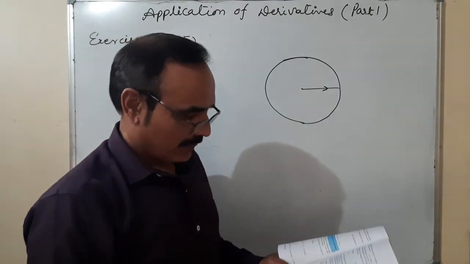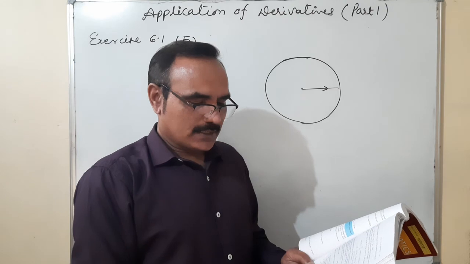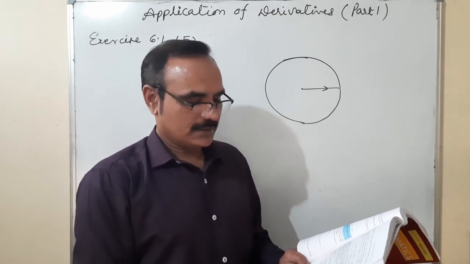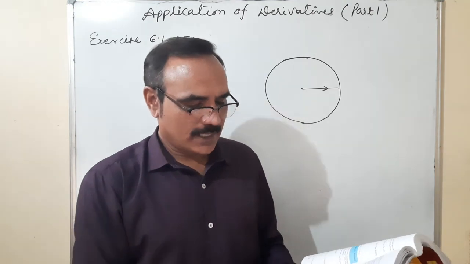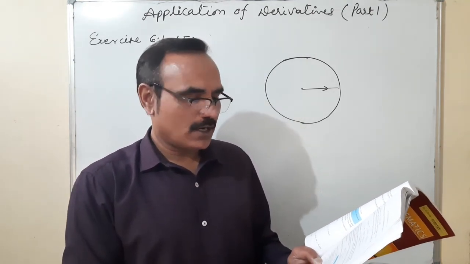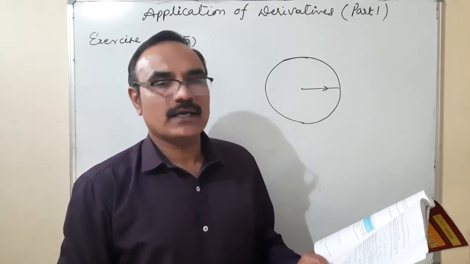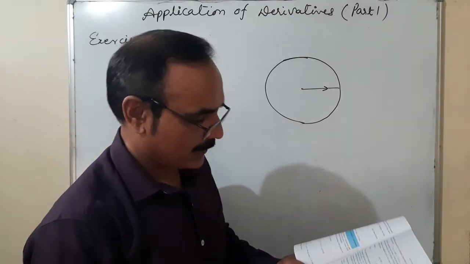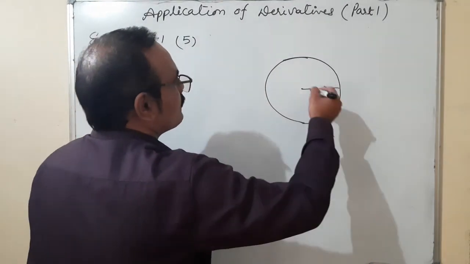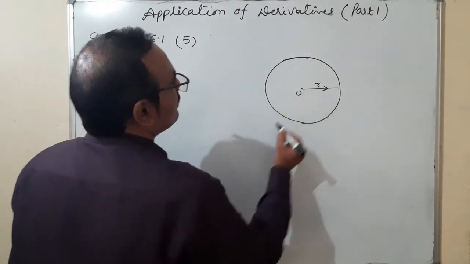At the instant when the radius of the circular wave is 8 centimeter, how fast is the enclosed area increasing? Okay. So what is this circumference of the circle?